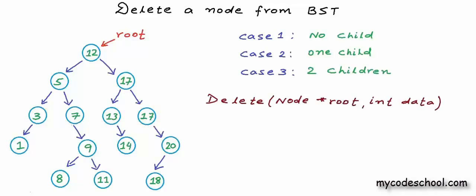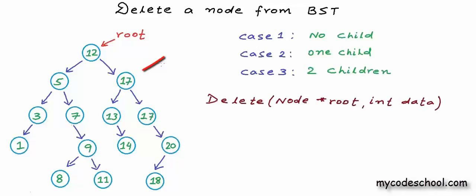But why minimum in right subtree? Why not value in any other leaf node or any other node with one child? Well, we also need to conserve this property that for each node, nodes in left should have lesser value and nodes in right should have greater value.